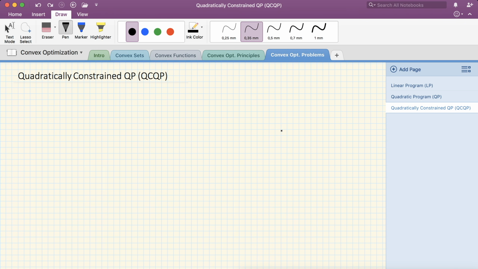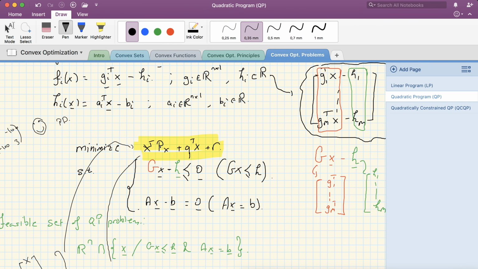I'm not sure if in the last lecture we stated that, so let's say this is a QP, and this is the set of all QP problems. Any LP is a particular instance of a QP. It's easily seen by setting P equal to 0. If we say that this matrix is 0, then we get an LP, right?